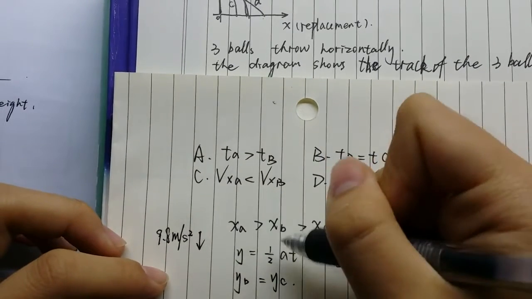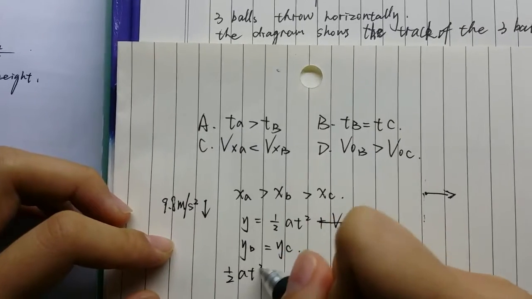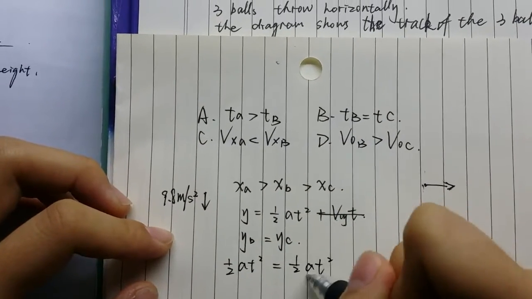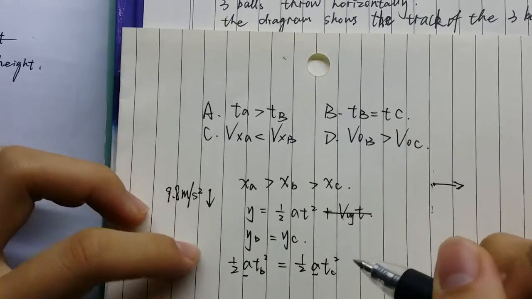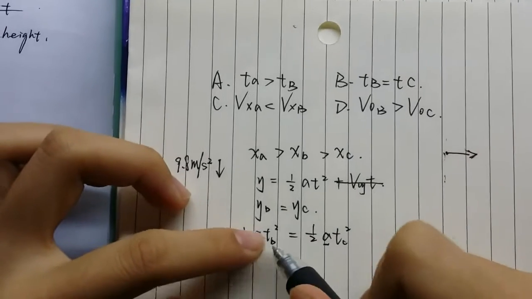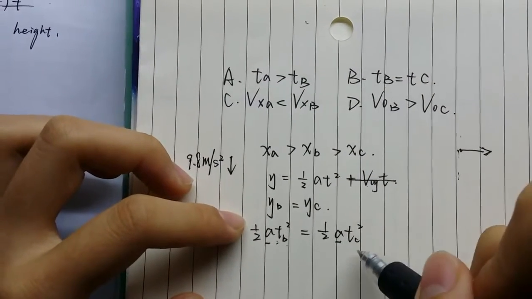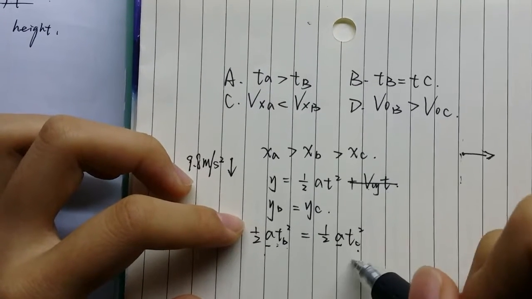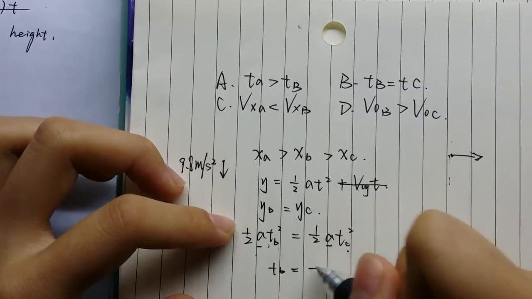So they are the same. So we can see in this equation that TB equals TC. So in this way, this equation becomes true. So TB equals TC.